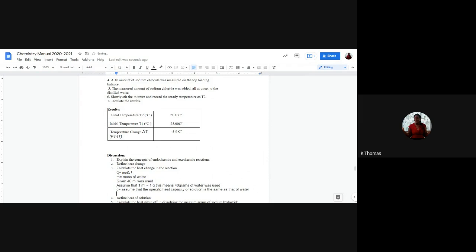What this means, water specific heat capacity equal to 4.2 joules per gram per degree Celsius. So this is my specific heat capacity of water.